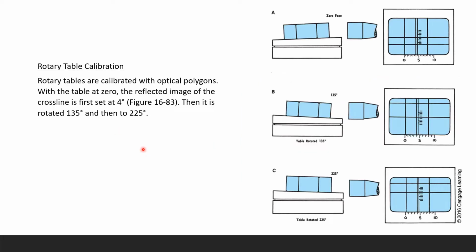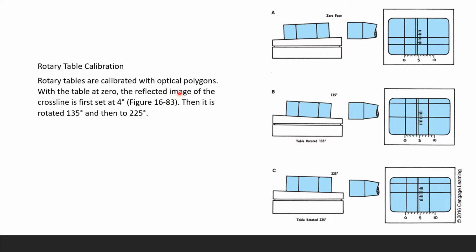Rotary table calibrations. For the rotary table, we use optical polygons for calibration. With the table at 0, this rotary table, we're going to set it at 0. Why? Because we're doing calibration. Every time we're doing calibration, you should know by now we're setting it to 0, yeah? And since we're dealing with optics, you always have a reflected image.